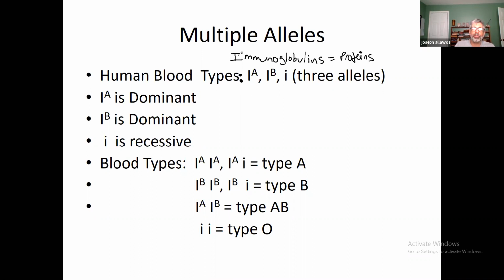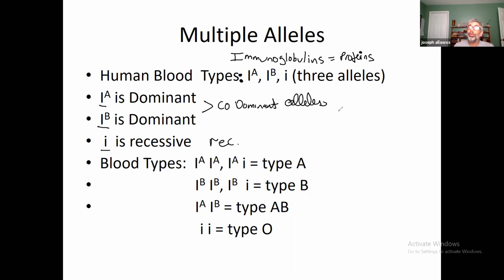We use the I to represent immunoglobulin, and then we're designating one dominant allele as I to the A, right here. That's one allele. We have a second dominant that's I to the B. And then we use a little i to represent recessive. Okay, so these 2 are co-dominant alleles, and this one is recessive.